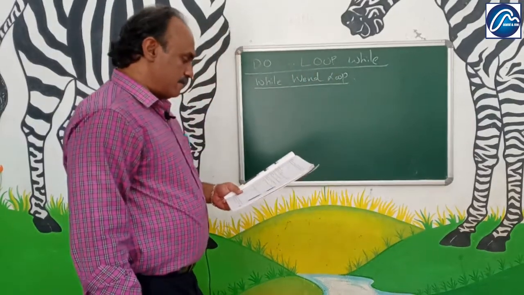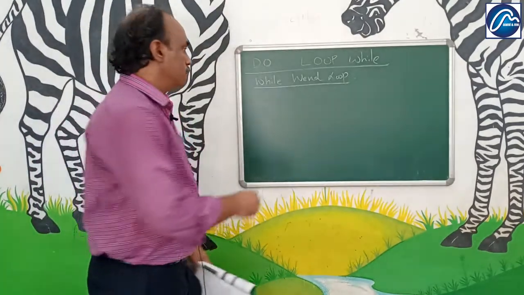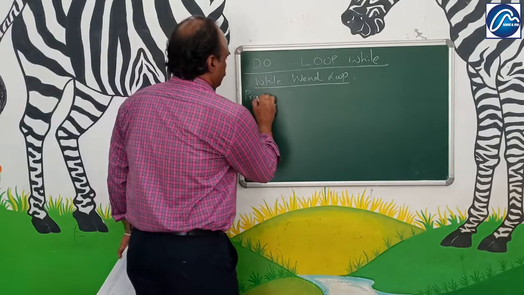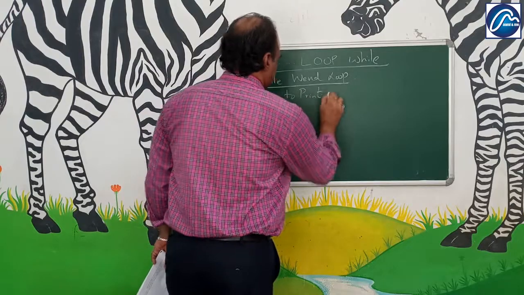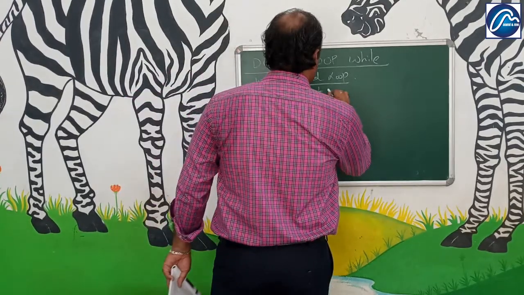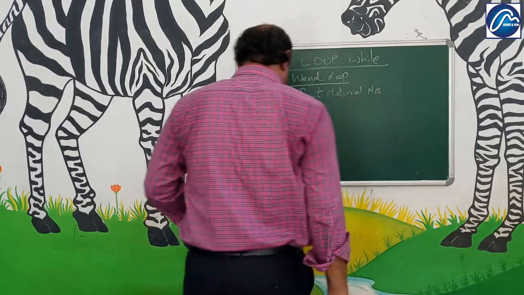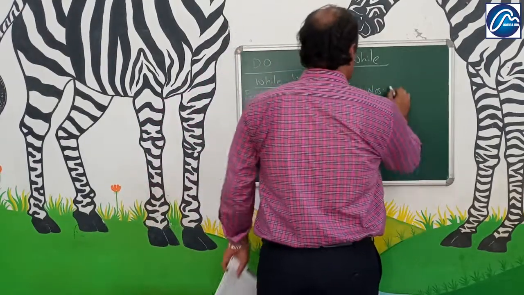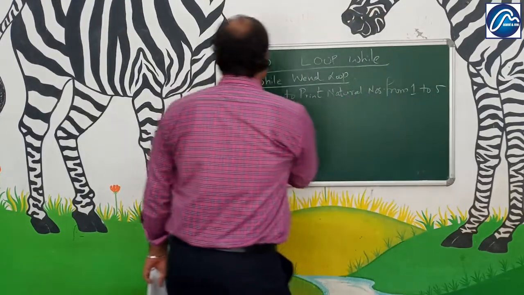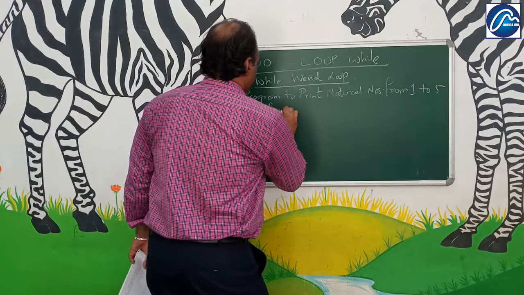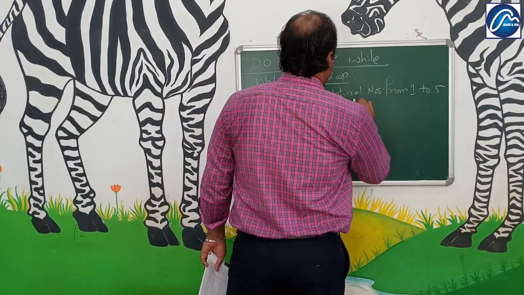The example which is given is: program to print the natural numbers from 1 to 5 in reverse order using while wend.